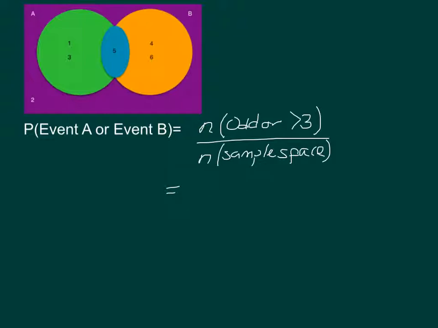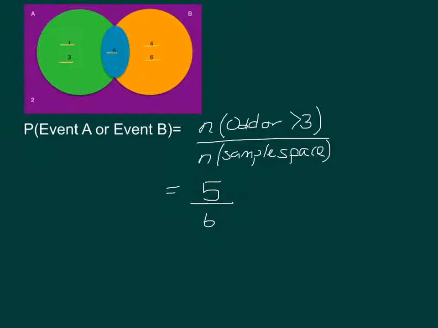This time, there are 5 numbers that are either odd or greater than 3. We should be able to notice them. So, 1 is an odd number, 3 is an odd number, 5 is also an odd number, and 4 and 6 are greater than the number 3.